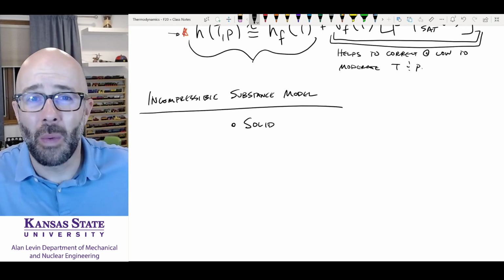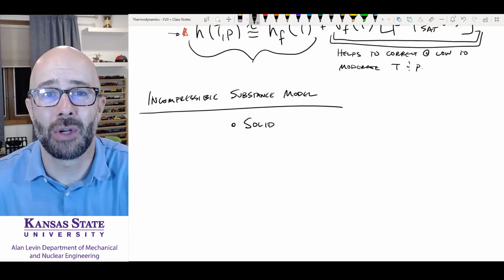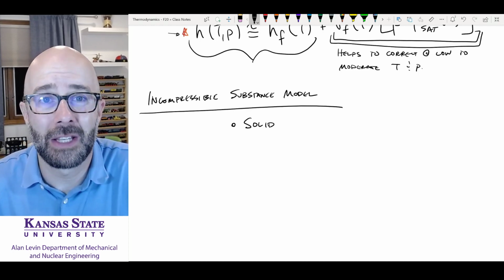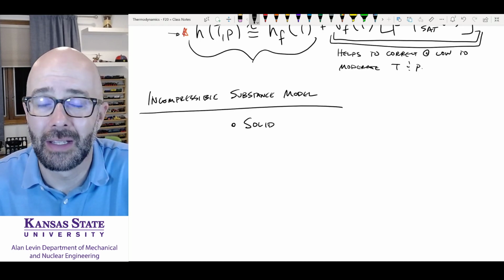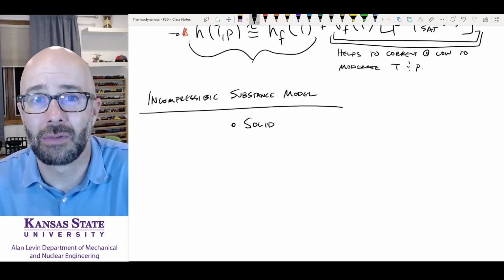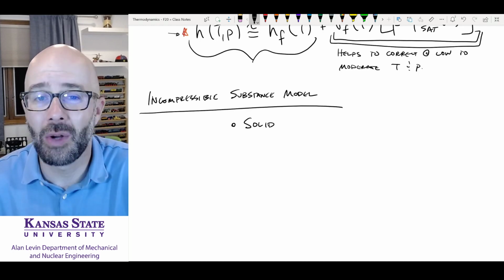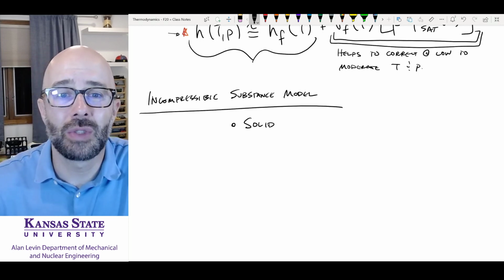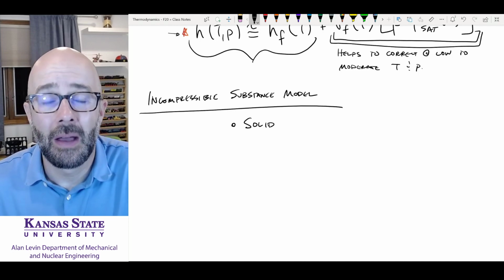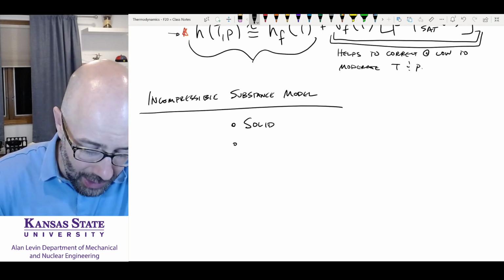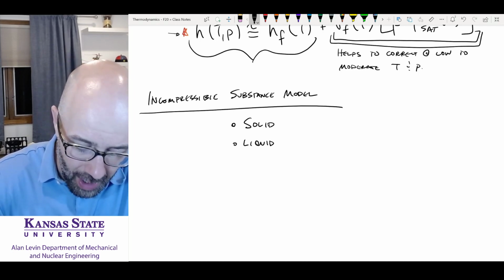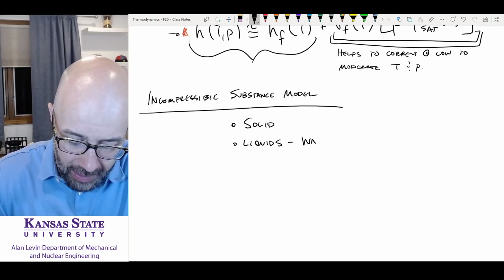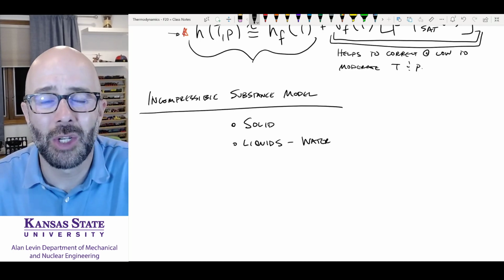You're going to notice we don't have tables in the back of our book for the properties of iron at 100 degrees Celsius, or the properties of aluminum at 300 degrees Fahrenheit. We don't have those properties. We're going to have to use the incompressible substance model. But we also should know that liquids, in particular water, are also considered incompressible.